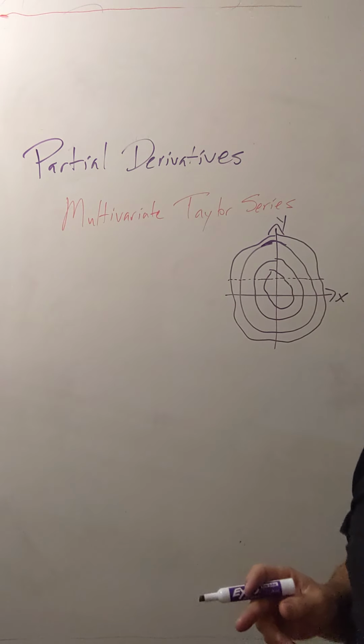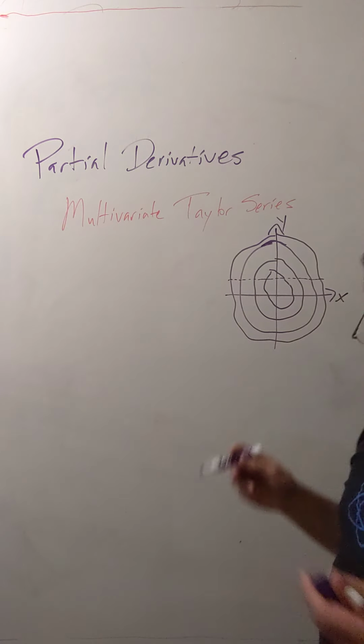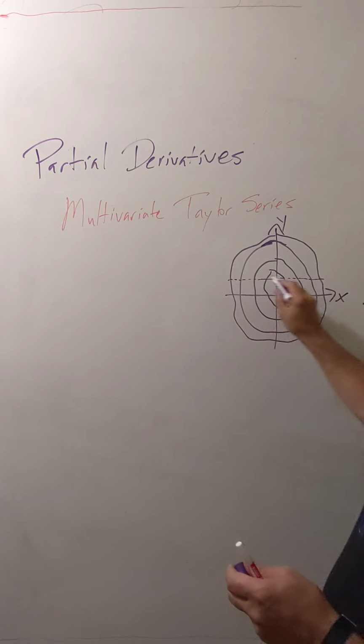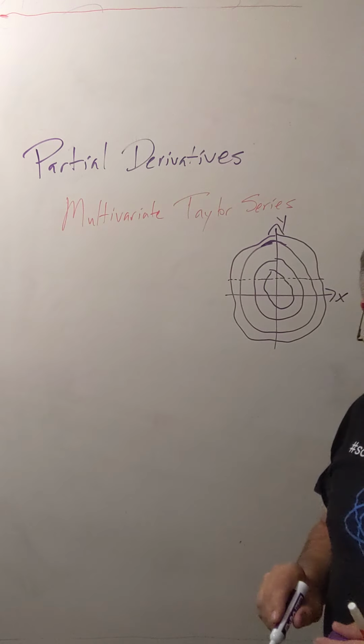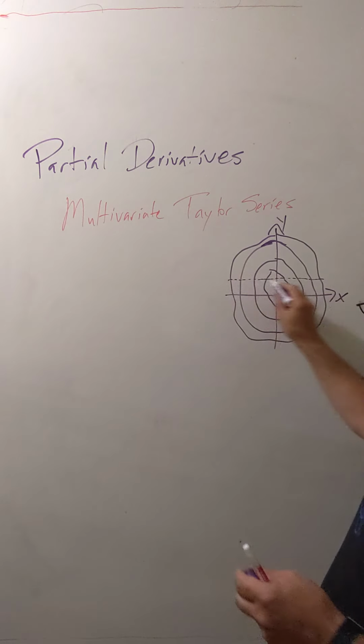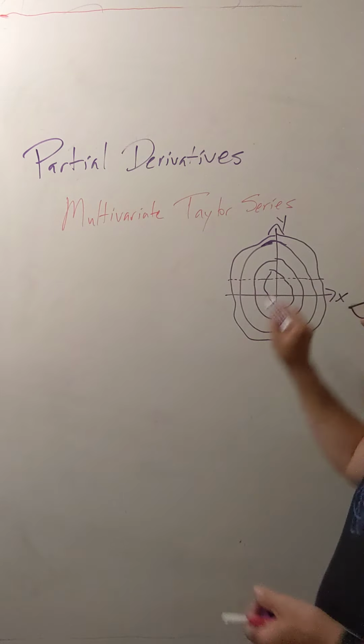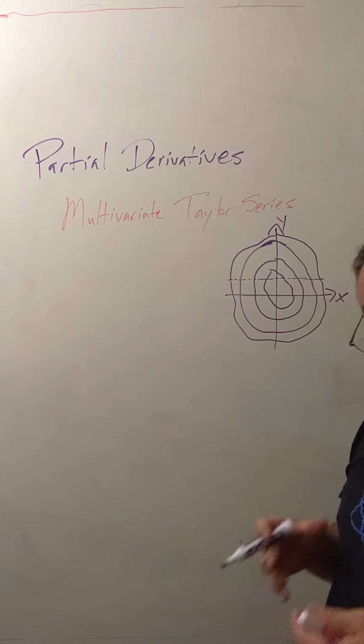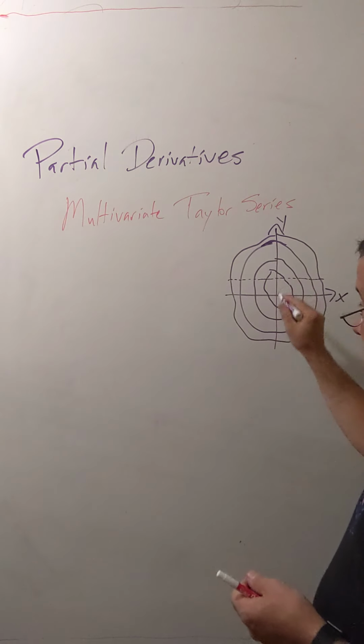That function just depends on x, not explicitly on y. If we hold y fixed, we could certainly do a Taylor series at any point along that line, but it would only allow us to vary back and forth in the x direction. We would only get the variations along that line.